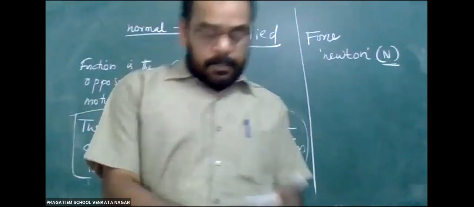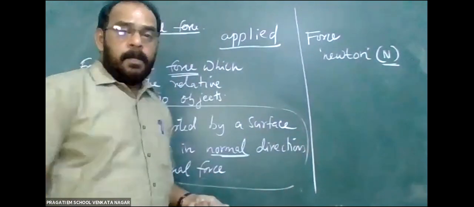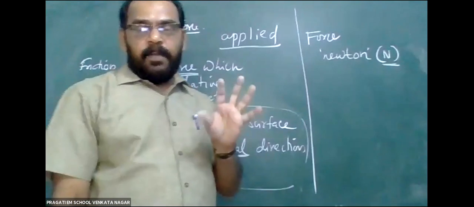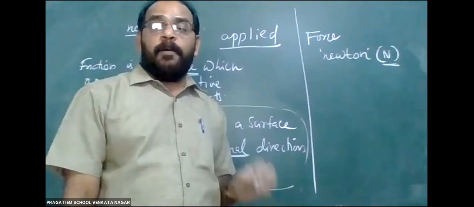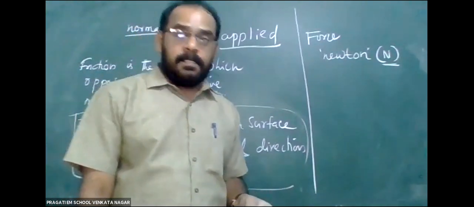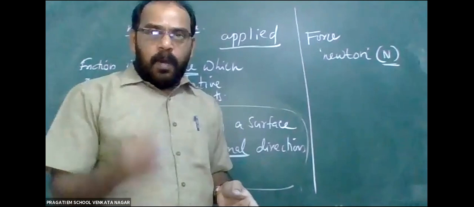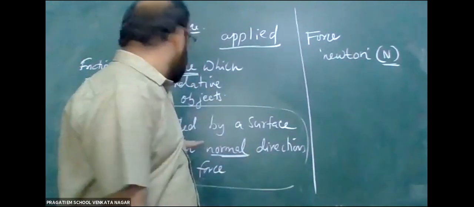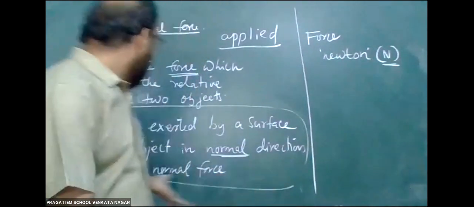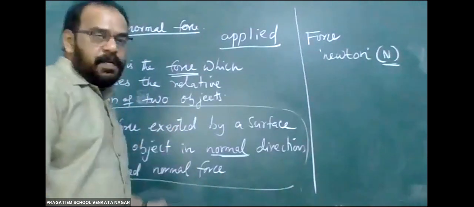Children, today we conclude this class. Daily, you see, we are studying very few points, 4 or 5 points only, but these are the central concepts of the chapters. Today we studied the uses and disadvantages of friction, then what is normal force.